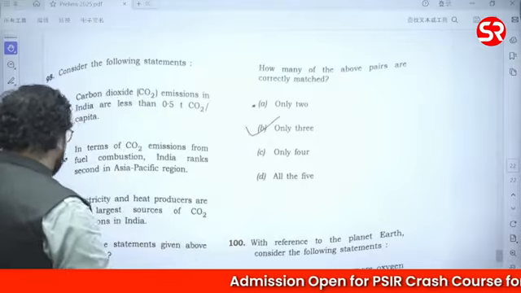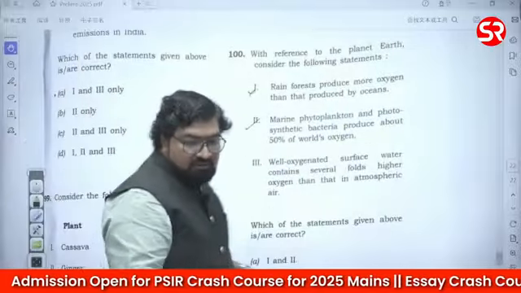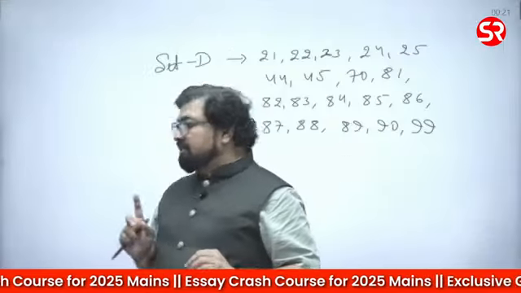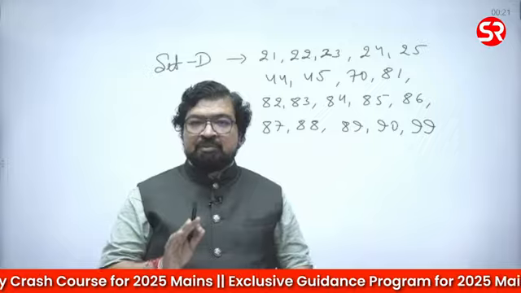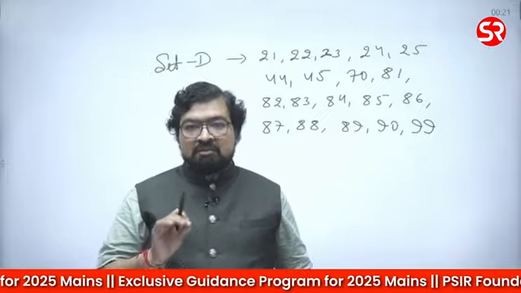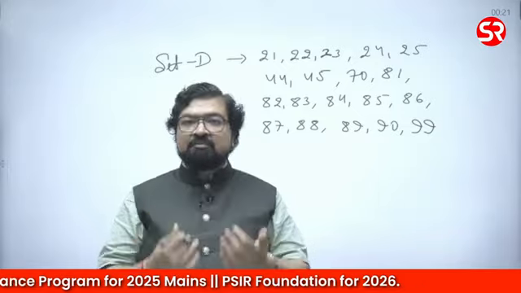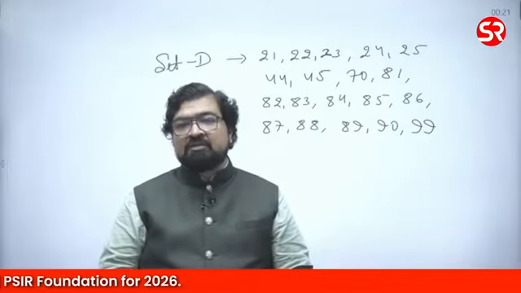And question number 100, I have already explained in the environment segment, the phytoplankton and all that part. So these are the total number of questions which came in science and technology in the prelims exam, and they have been very simple, direct questions linked with current aspects, and you can easily solve them if you go through the statements carefully.